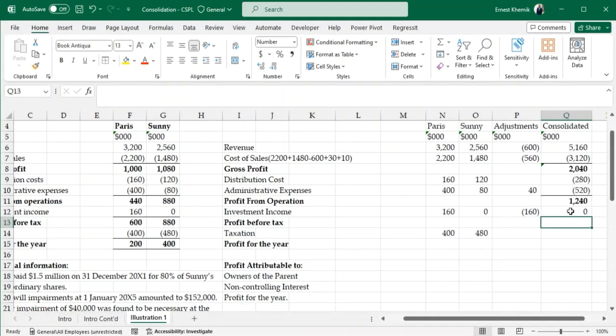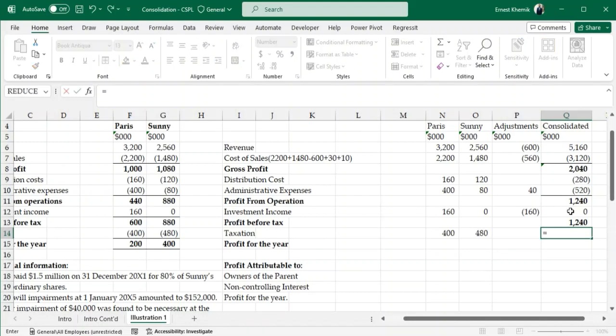So my profit before tax becomes this particular amount here. So I can just bold that, and then my taxation has remained the same. Nothing affects our taxation. So I'll come here, and then the adjustment is 0. So I can quickly come here and then sum all of that together.